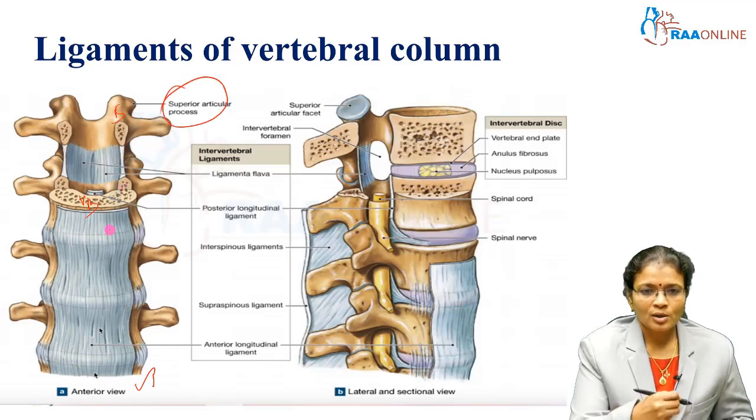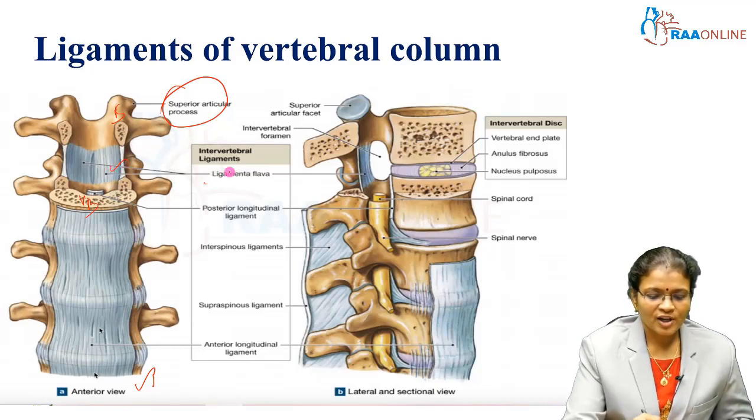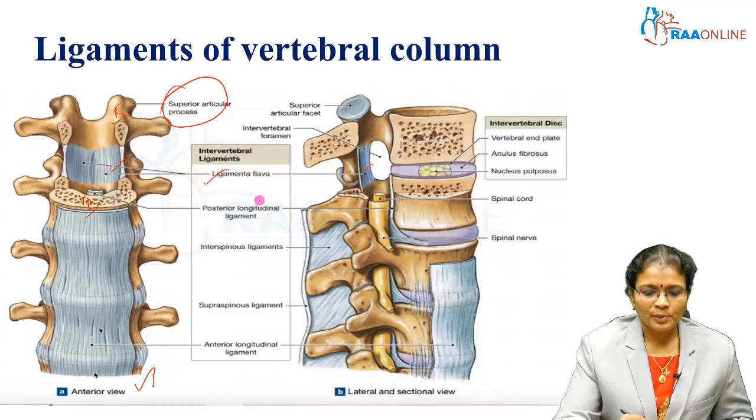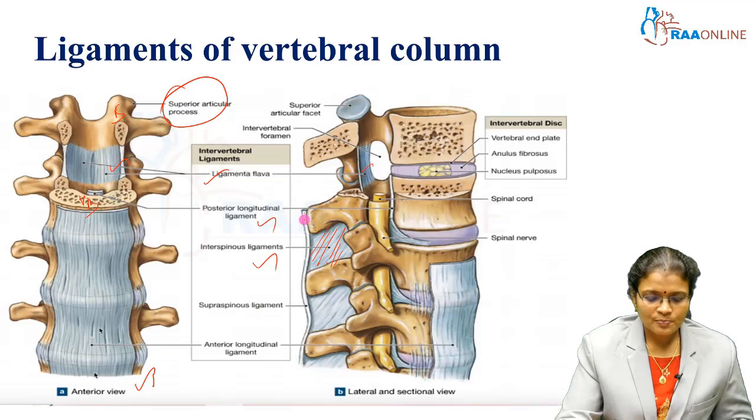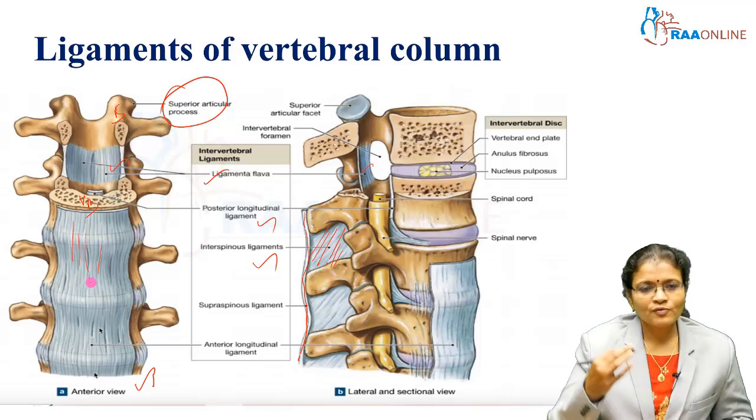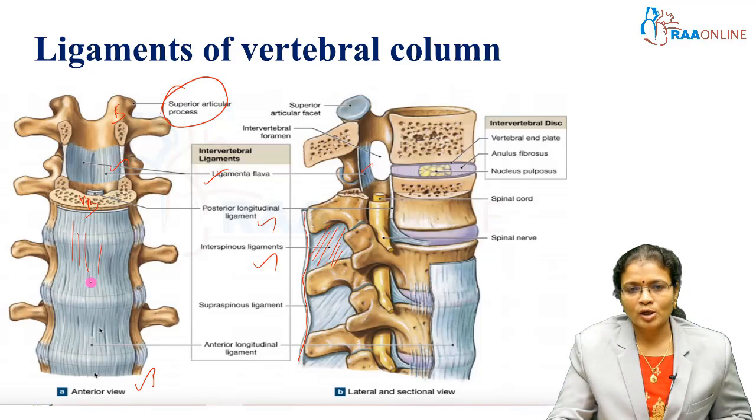Coming to the intervertebral ligaments, these are the ligamenta flava between the laminae of adjacent vertebrae, and the posterior longitudinal ligament along the dorsal aspect of the bodies of vertebrae. The interspinous ligament lies between the spinous processes of two vertebrae, the supraspinous ligament over the superior aspect of the spinous processes, and the anterior longitudinal ligament in front of the bodies. These are the ligaments of the vertebral column.